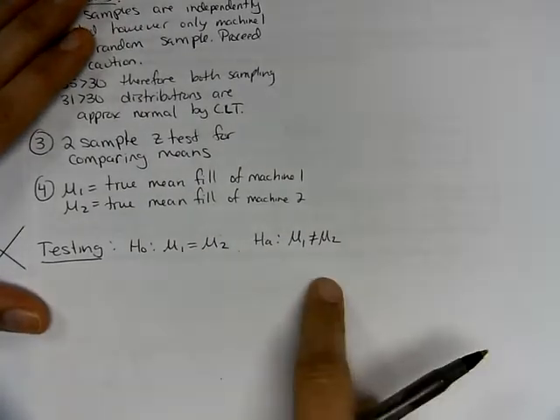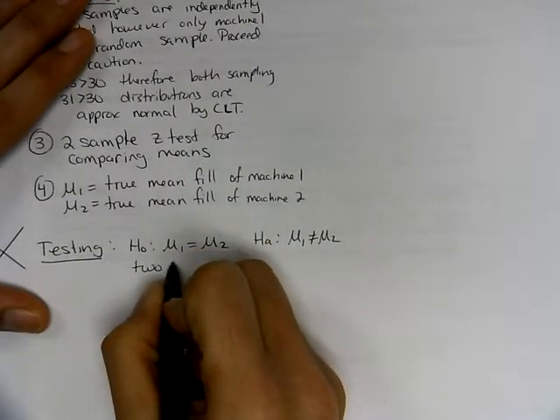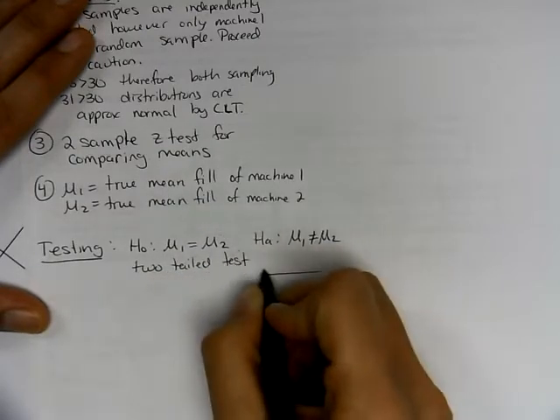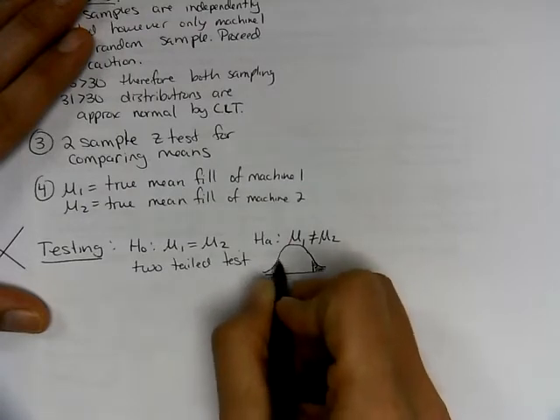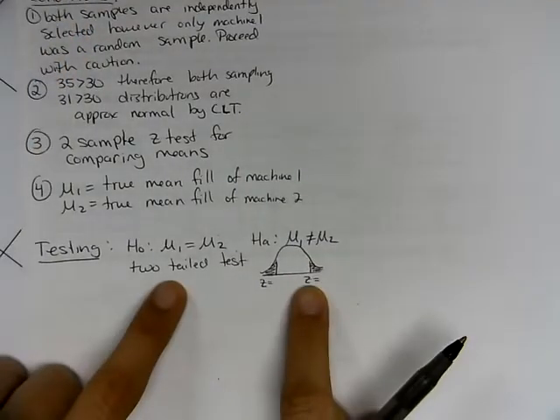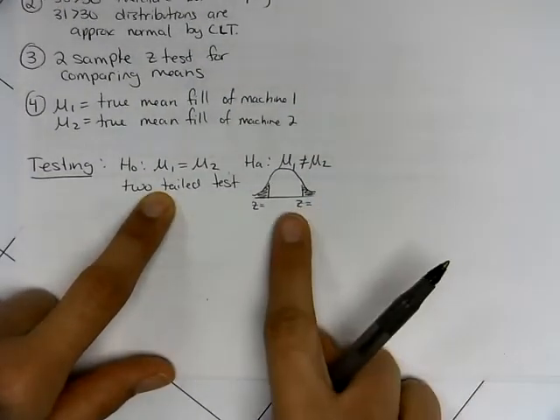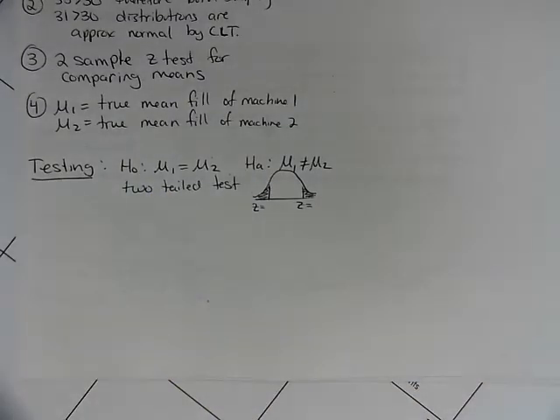So this is still the same. It's a two-tailed test, where you're going to end up with one z-value, positive or negative. So this part doesn't change from chapter 10. Okay, it's still a two-tailed test. We're just looking at, are they the same or are they different?